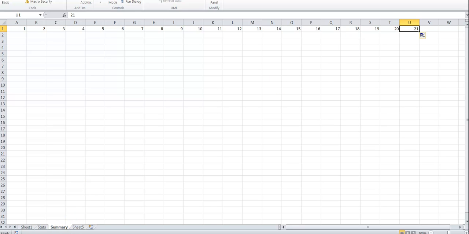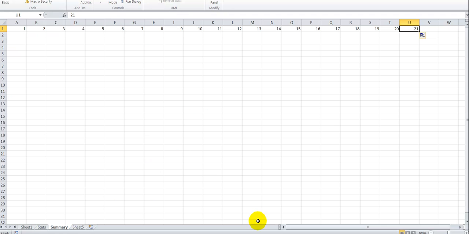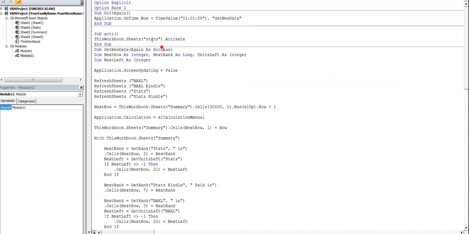So if I change the code to stats, it should activate stats, but I forget if stats was capital or not. Yeah, capital. So I should change that to capital.